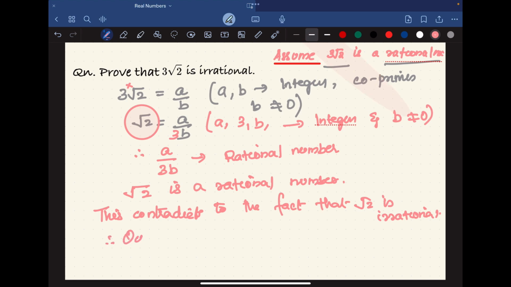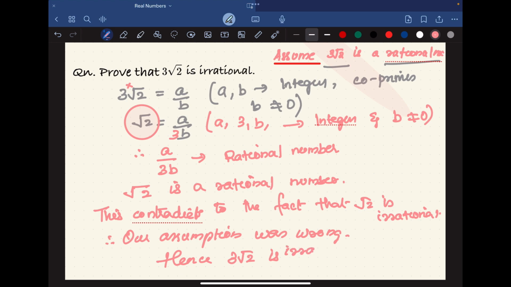Therefore, our assumption was wrong. Hence 3 root 2 is irrational. Is that clear to you?